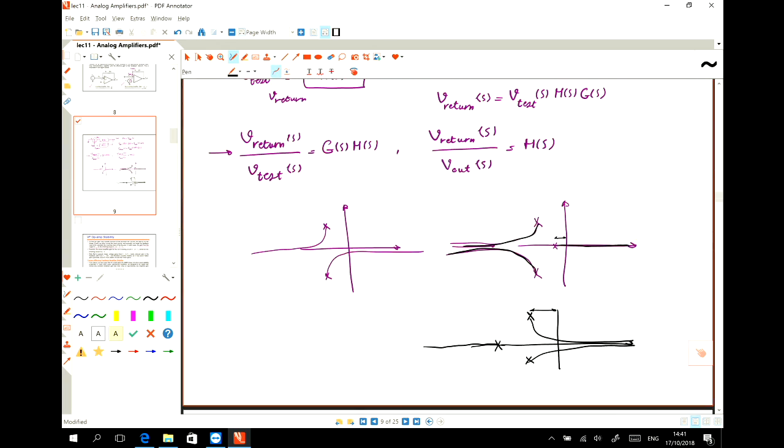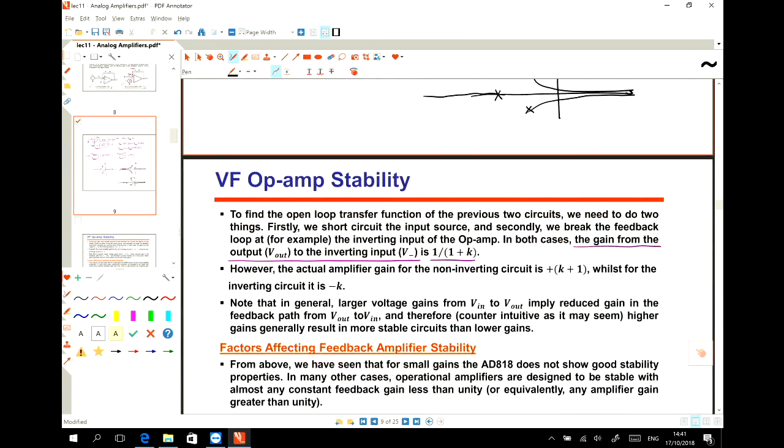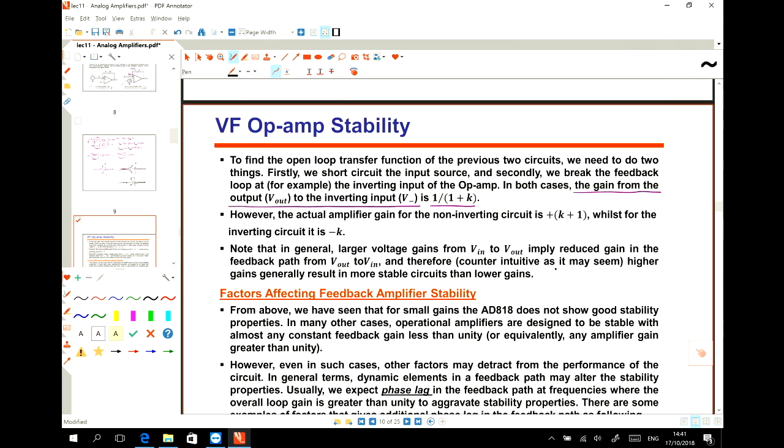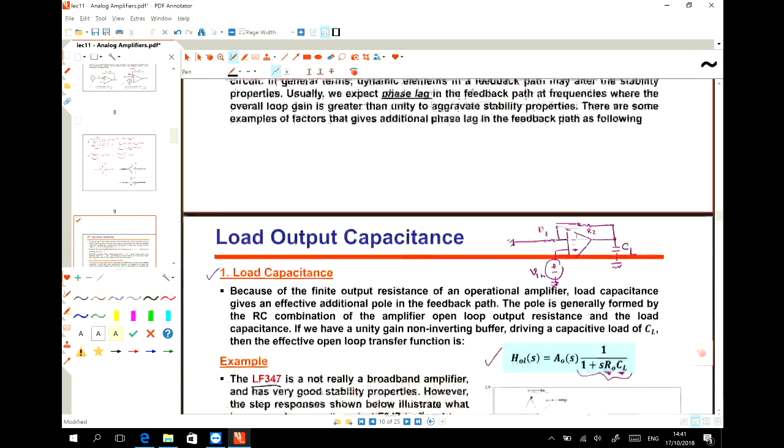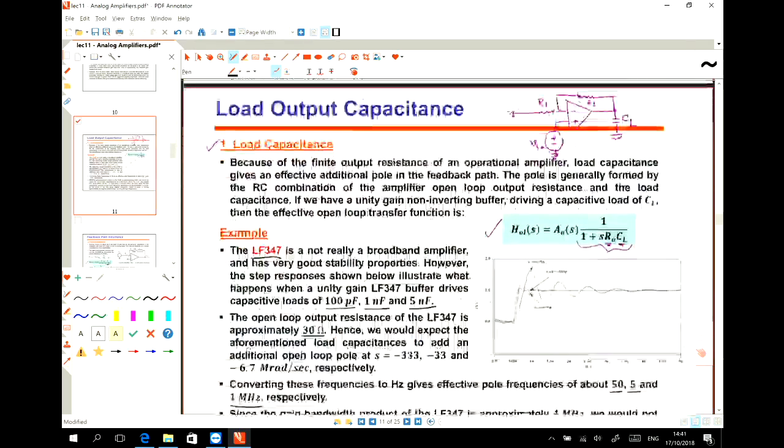After that, we covered the stability of the voltage feedback amplifiers. We said that there are three phenomena that can make an amplifier unstable. First of them is the load capacitance.